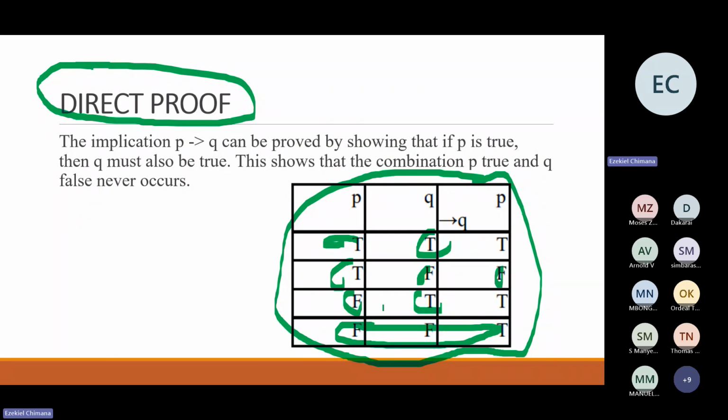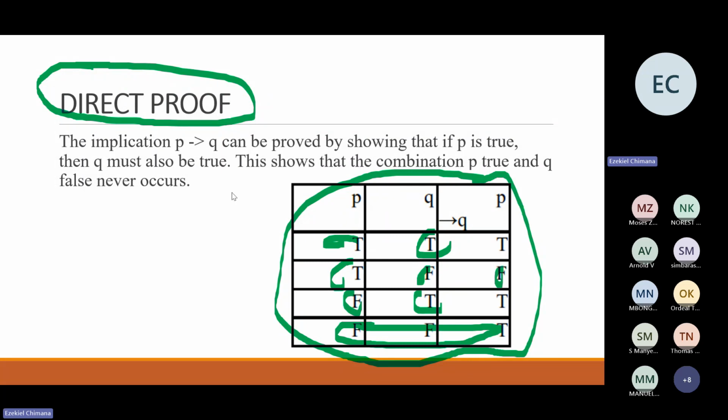In other words, when you're doing proofs, you are most likely looking at the implication P implies Q. If this one is false and this one is false, it means maybe the supposition that you gave was true, something like that.